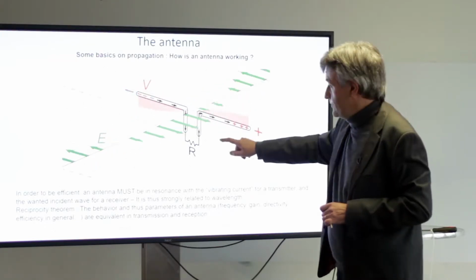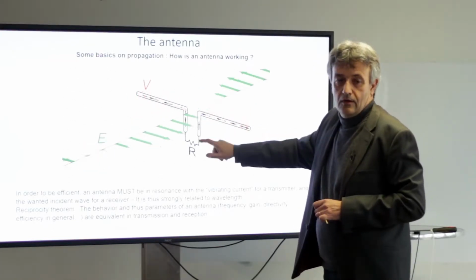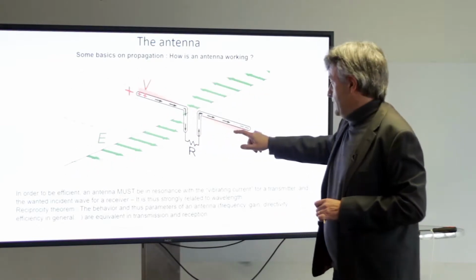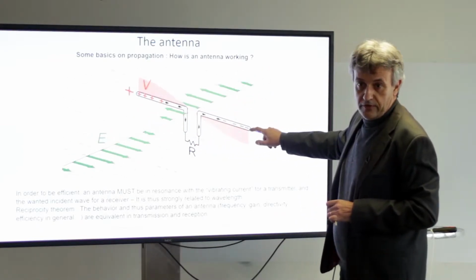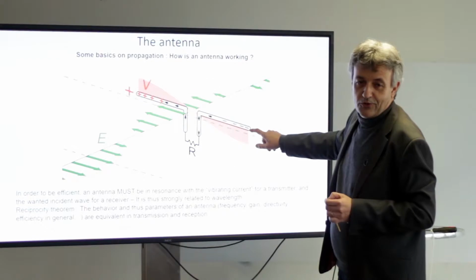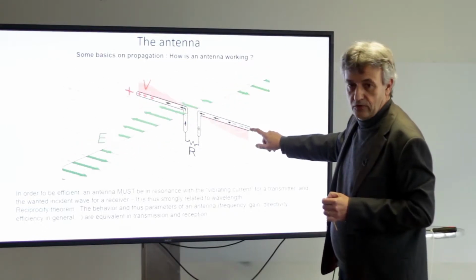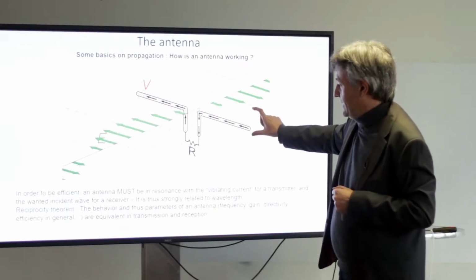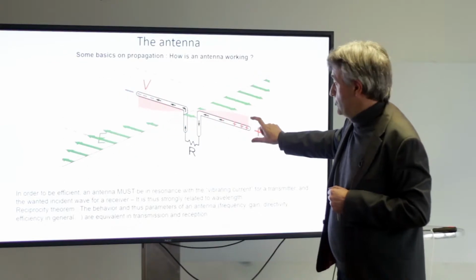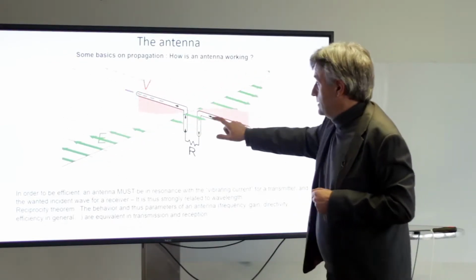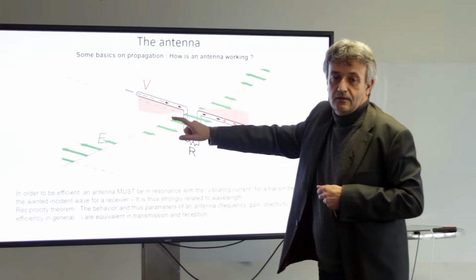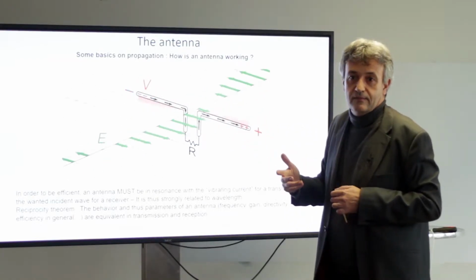And this maximum is following the pulse of the electrons. As you want to have a null current here, in any case you will have a null current, but you want this null current to be in phase somehow with the maximum voltage. So you need to respect the length compared to the wavelength.